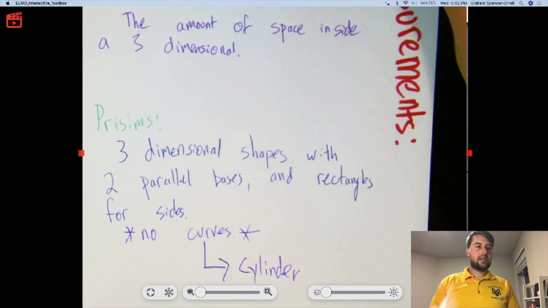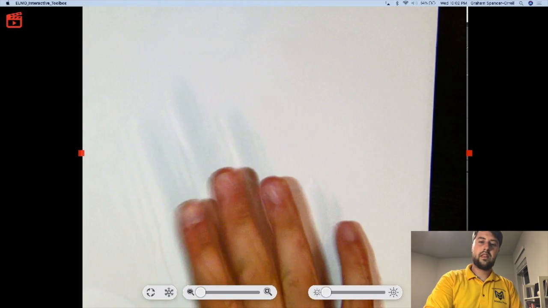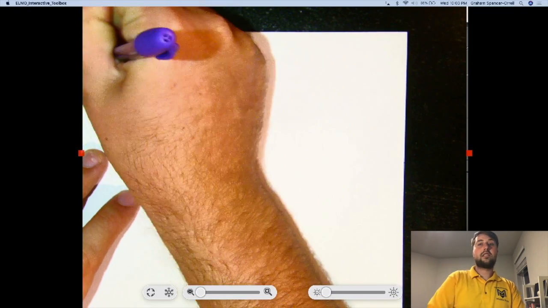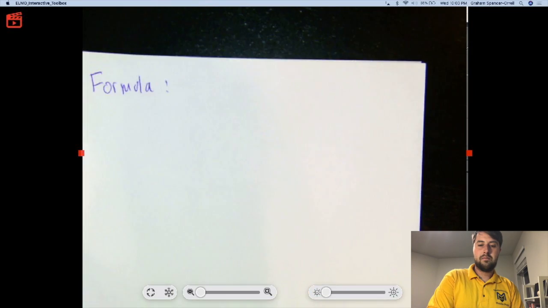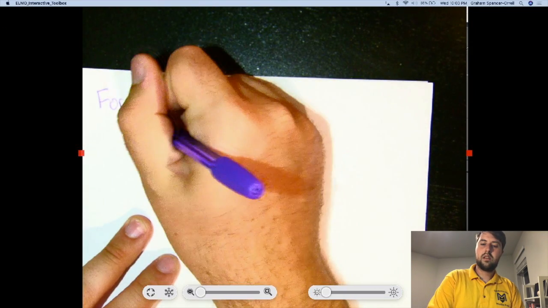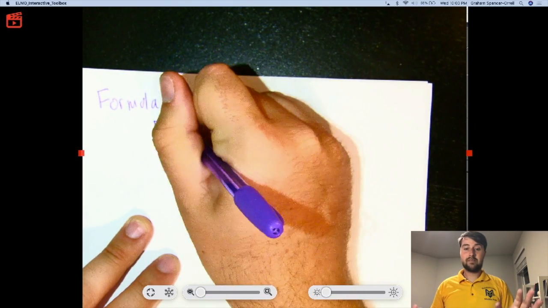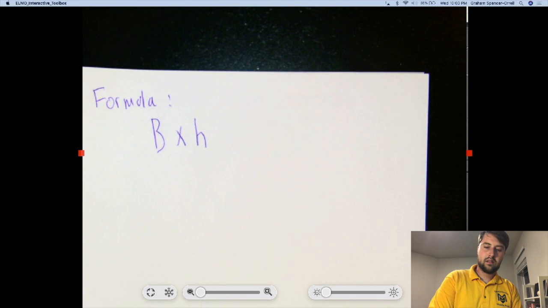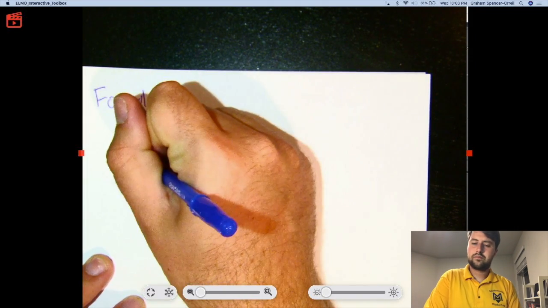All right, so we're going to start with our formula. It is super simple. It is your base times the height. That's it. I will say this base is not the same base as this triangle.